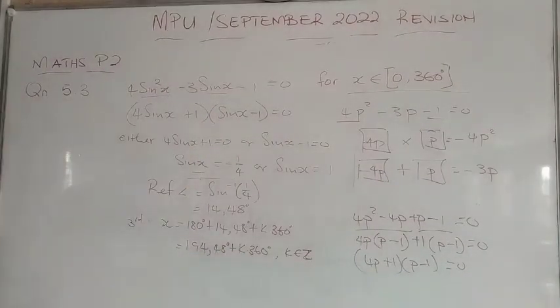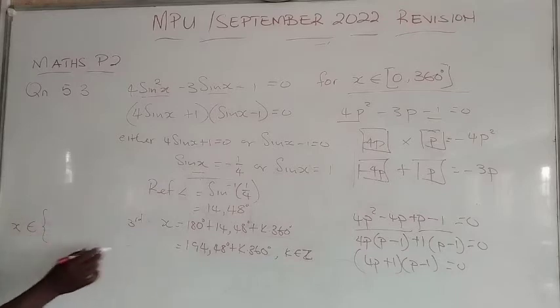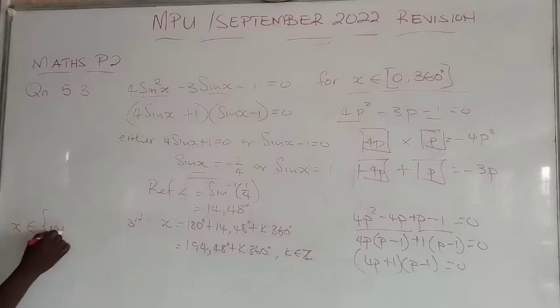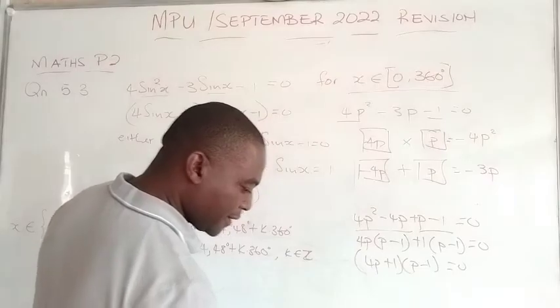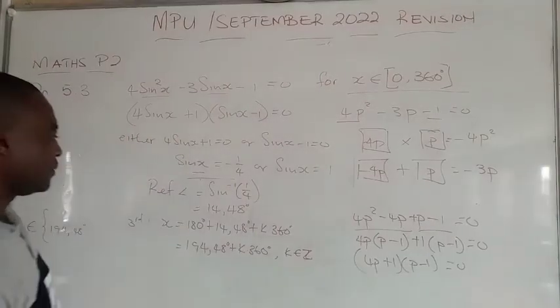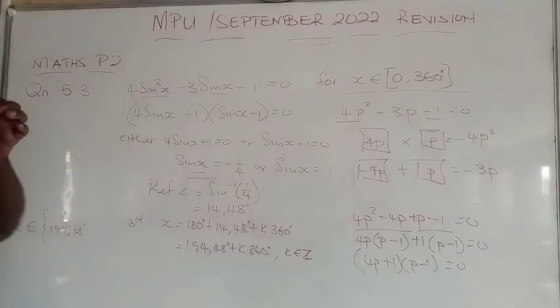That would mean x is an element. When k is 0, you get 194.48 degrees. When k is 1, it will be above 360 degrees.